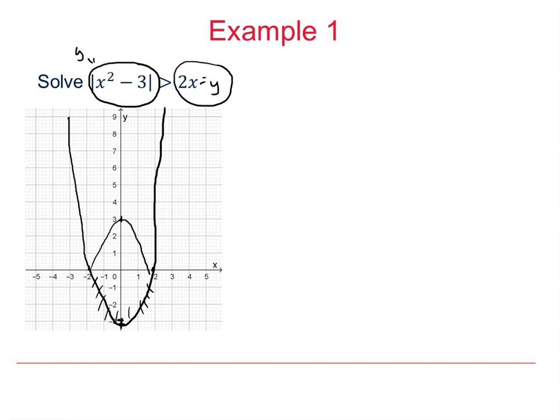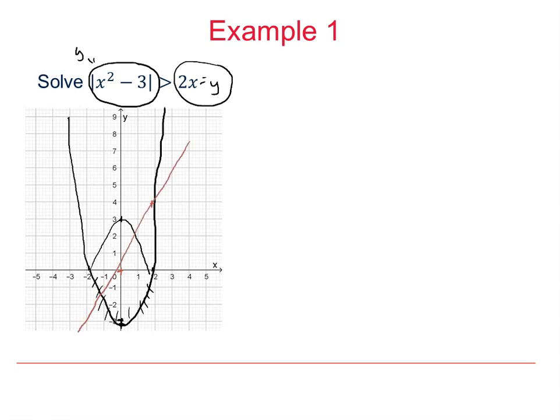So there's my sketch of y equals mod x squared minus 3. y equals 2x is a straight line, of course, so it will go through the origin and also through the point where x is equal to 2, y is equal to 4, and will be a straight line in this sort of fashion.